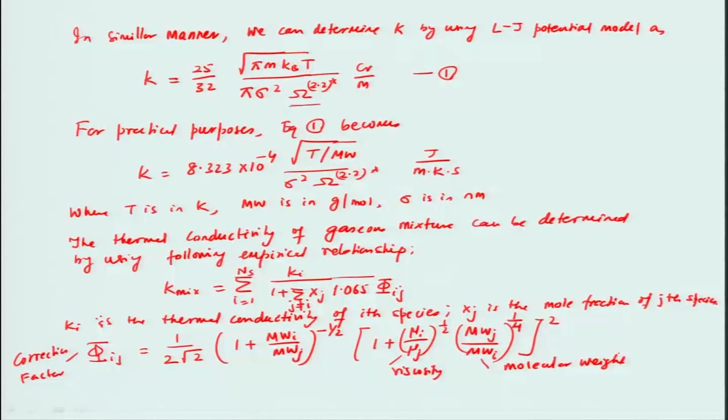This formula can be used for finding the mixture value, but there is an error involved, around 5 to 10%. In each step we are incurring some error, even if you are doing a very nice computation.